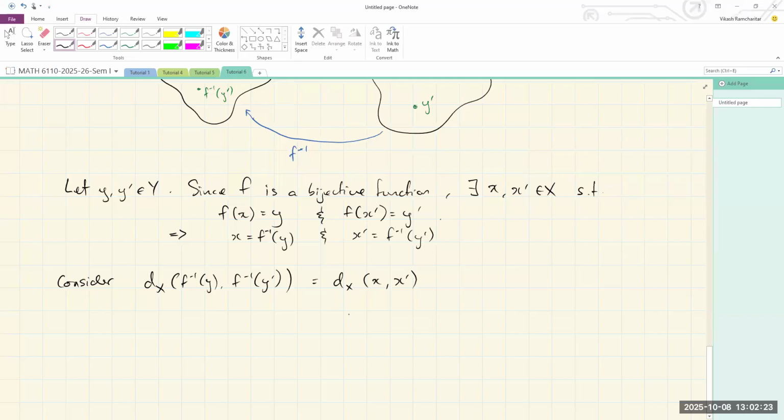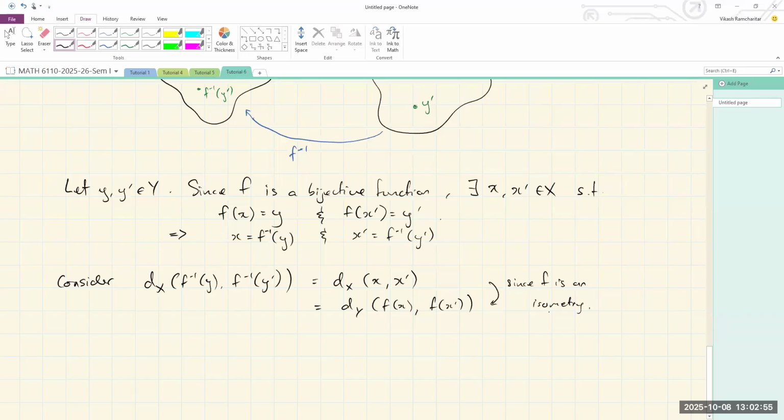Now f is an isometry, so that means that this distance is the same as the distance between the images. Okay, so since f is an isometry.